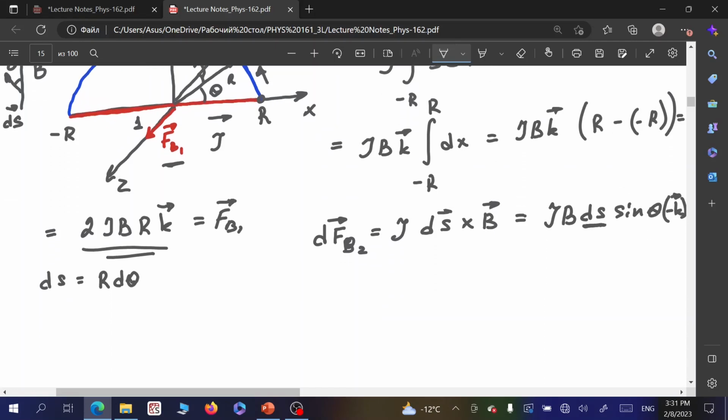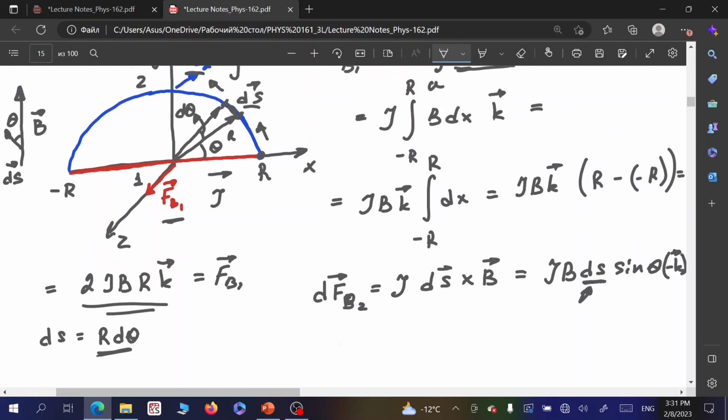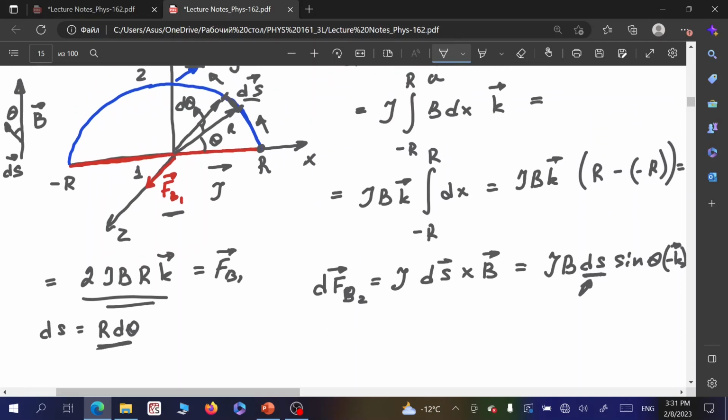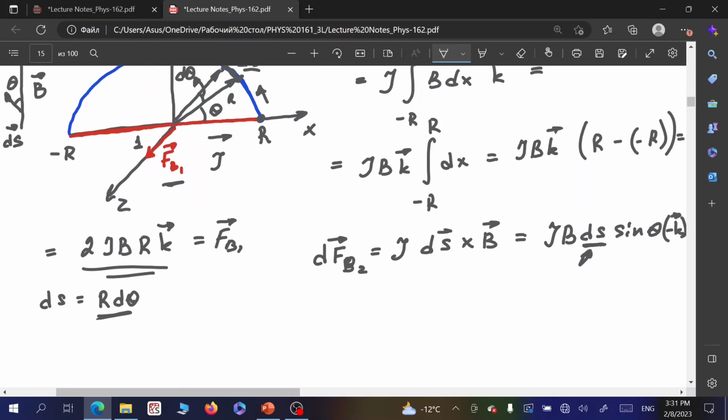So now we can substitute this expression for ds in our previous equation and obviously we need to integrate it all over the length of segment number 2. And in this case, how do we define the range? So let's write it.